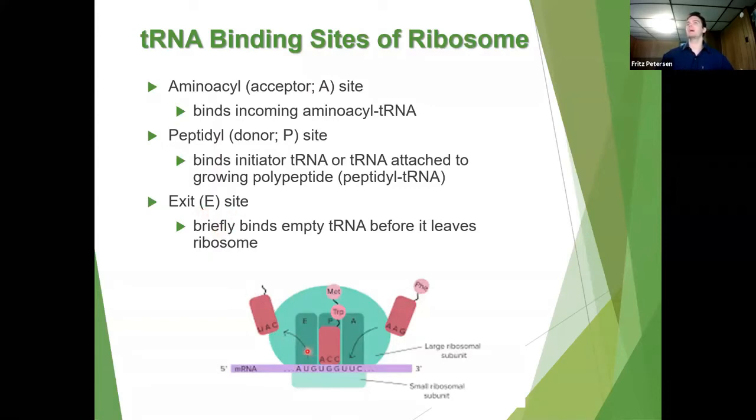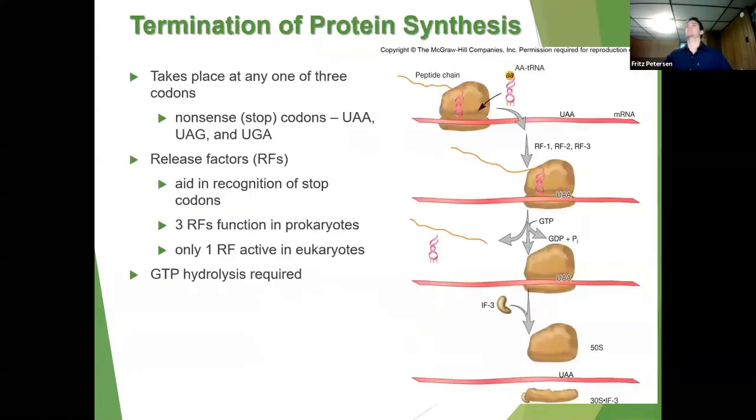So this briefly binds the tRNA before it leaves the ribosome. But note how this amino acid has now remained behind, and this is how the chain is forming. It's been bound to the following amino acid. This TRP will then be bound to this PHE, and so on and so forth until this chain starts growing, and that is how elongation occurs.